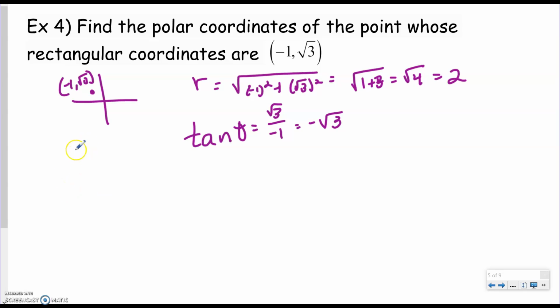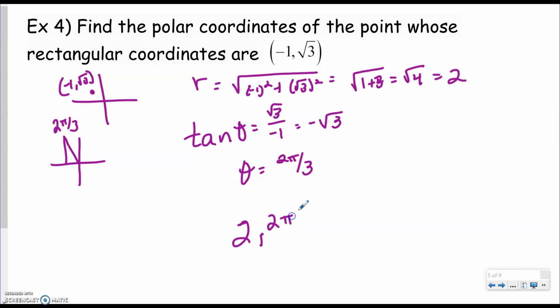On my unit circle here, tangent in the second quadrant, negative square root of 3 would be right here, which is going to be 2 pi over 3. So this goes back to knowing your unit circle really well. It should help you review your trig. It's a positive 2, 2 pi over 3.